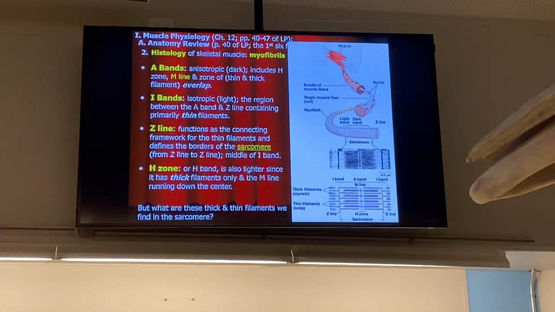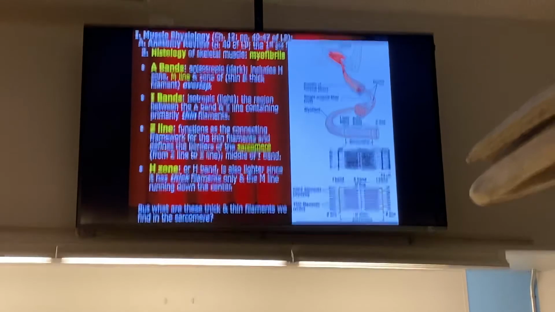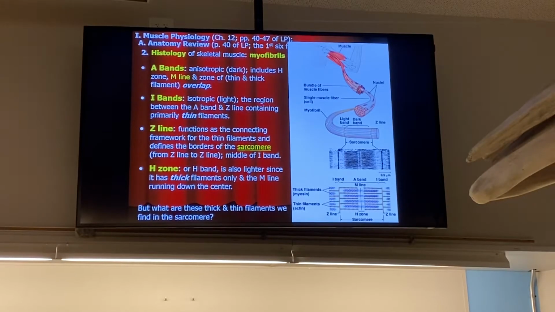Where you only have one type of myofilament, it's light. So the anisotropic band, or A band, has both, so it is dark. It has both the red ones and the green ones here, so we call this the A band.